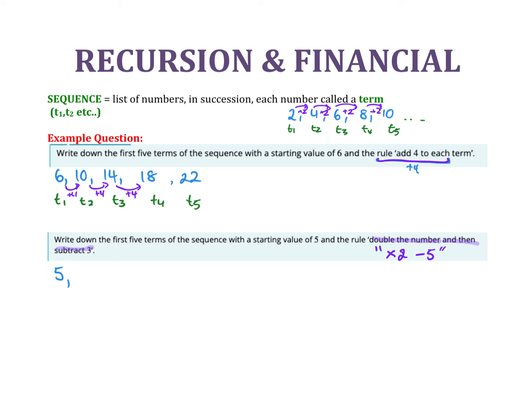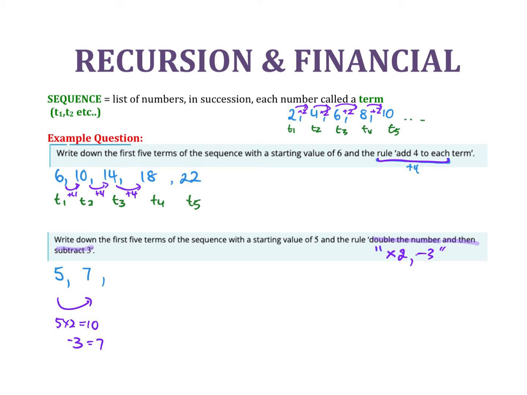So what would my next one be? 5 times 2 is 10, minus 3, and we get 7. Just write down here what you did: 5 times 2 equals 10, then minus 3, and we got 7.